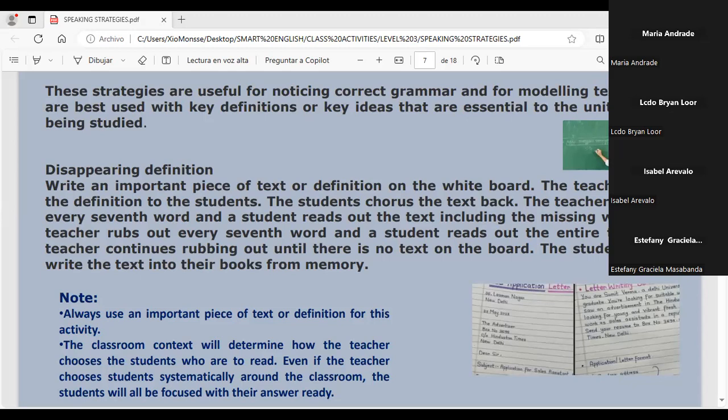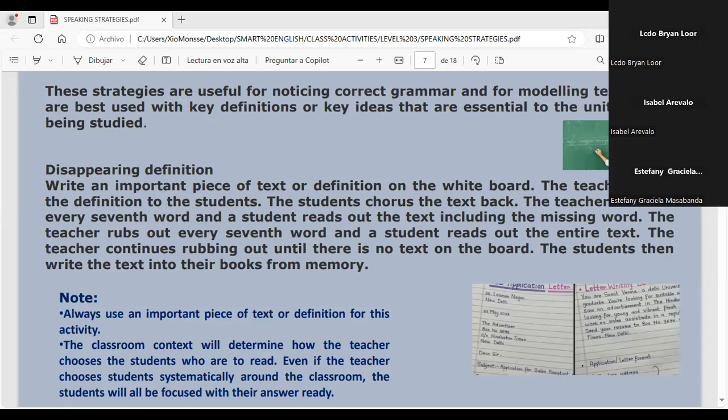In order that they can, you ask them to read again. Obviously, try to say the word that I erased, right? That I eliminated. You can say, read the paragraph again, but I eliminated 2 or 3 words here.